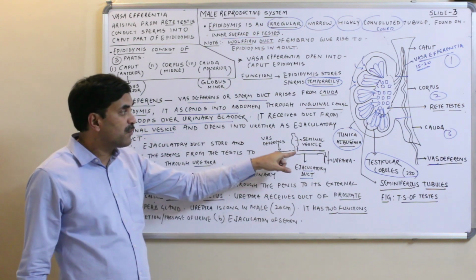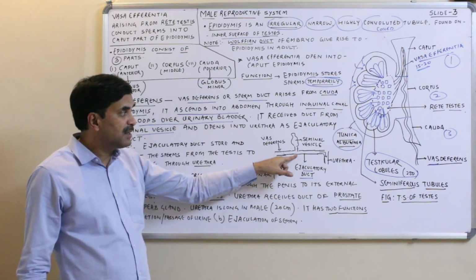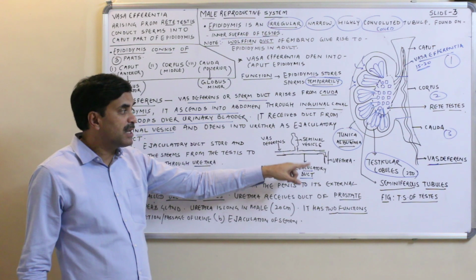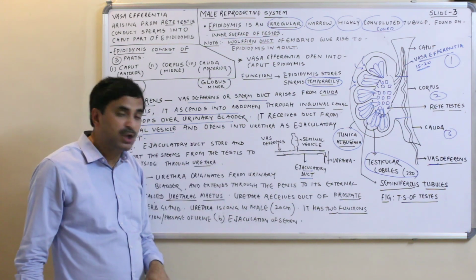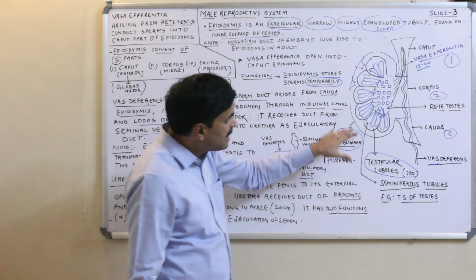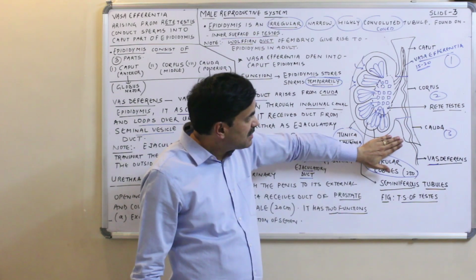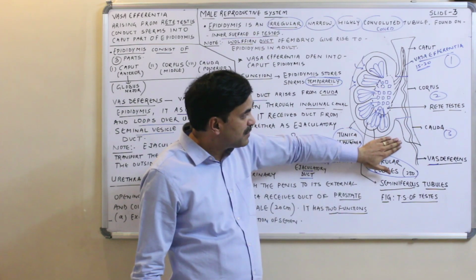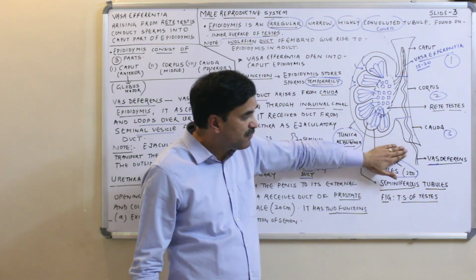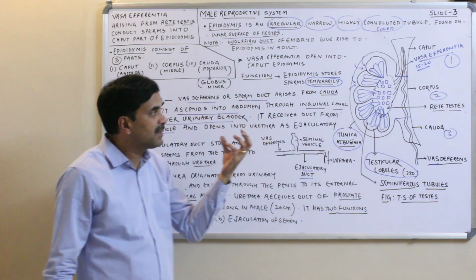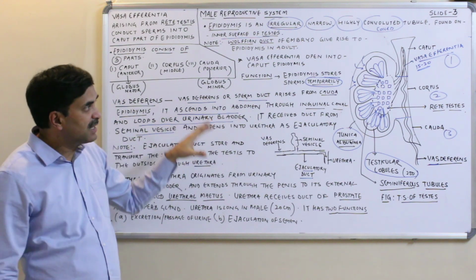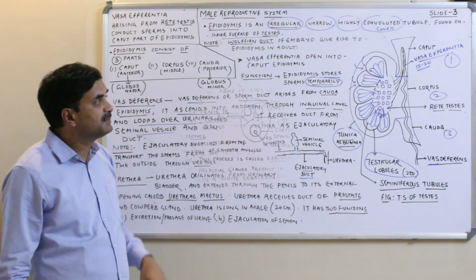Then it receives a duct from the seminal vesicle and opens into the ejaculatory duct, and the ejaculatory duct opens into the urethra. So this diagram is not sufficient now. Up to the epididymis this diagram is okay, but from the vas deferens onward we must know how this occurs. So let's look at this diagram.